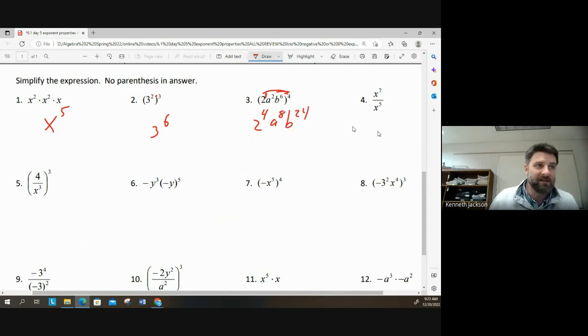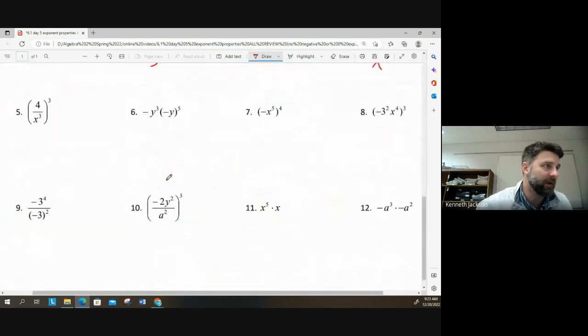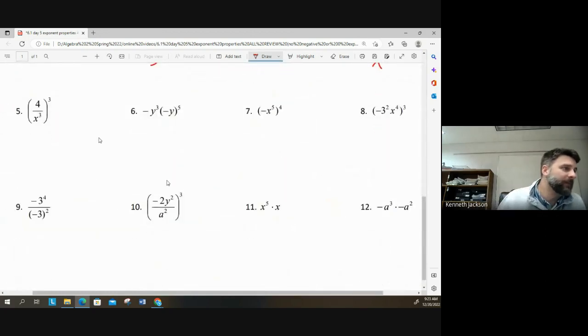Divide by the same base, subtract the exponents. Again, I'm just going through the properties that we reviewed over the last 4 days or 4 videos. Again, when you have power raised to a power, you multiply the exponent. That's 4 to the third, x to the ninth. I multiply all the exponents.